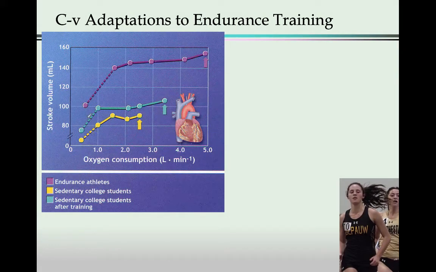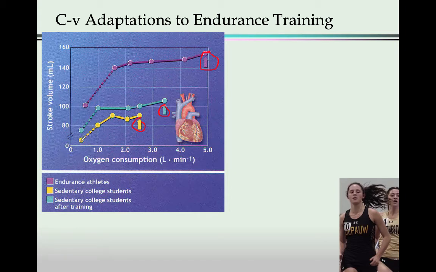Here you can see stroke volume. And we're going to look at some data that's a little bit different than this. Some of the earlier data said that stroke volume would increase for a bit, but then it would plateau at about 40, 50, 60% of VO2 max. And so that's what you can see here. By the way, these arrows indicate the individual reaching exhaustion and saying, okay, can't go any further.